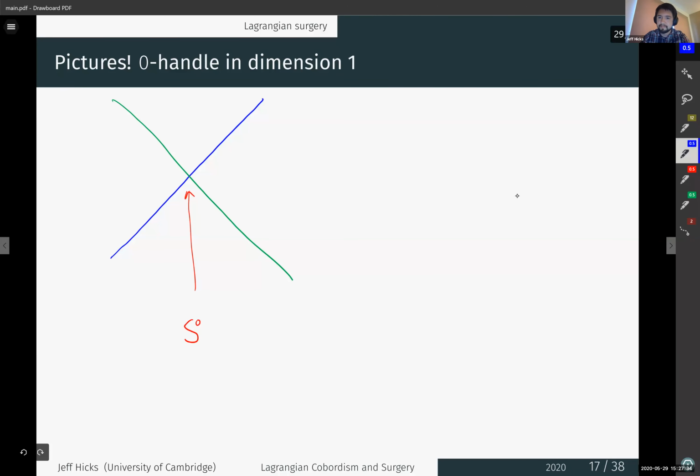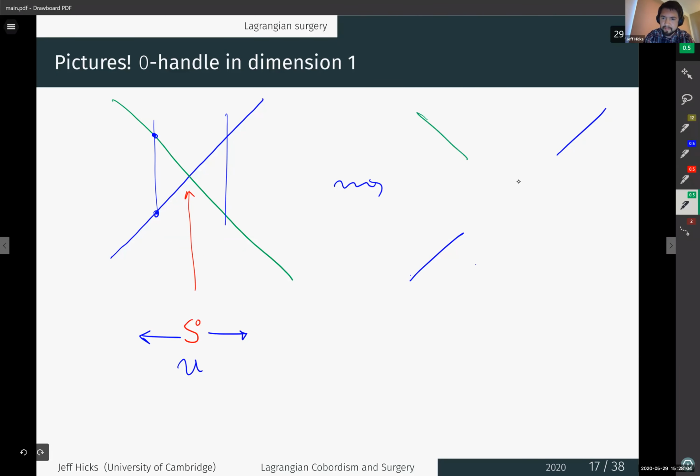Then I have some normal direction U, and in every slice of this normal direction, I see a Whitney zero sphere. So this is a one-dimensional family of Whitney zero spheres. The way I want to do the surgery is to take that Whitney zero sphere, cross an interval, and replace it with the null cobordism for the Whitney zero sphere.